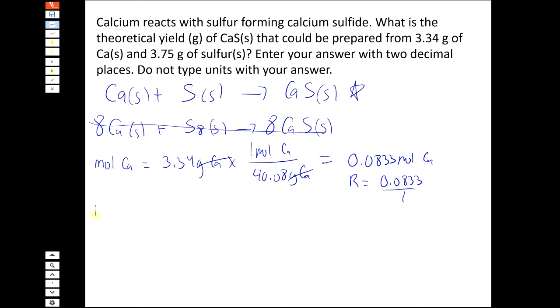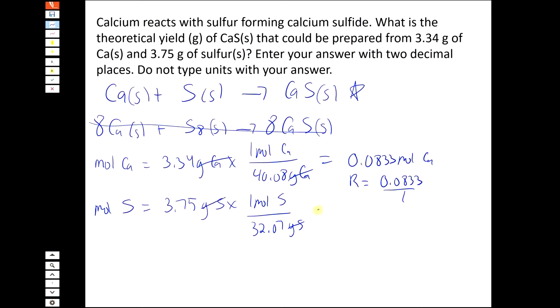And then for sulfur, we have 3.75 grams. And we're going to use its atomic mass to get the number of moles. So again, we can just balance it with S sulfur. We don't have to use S8 necessarily, but if you used S8, you'd still come to the same conclusion.